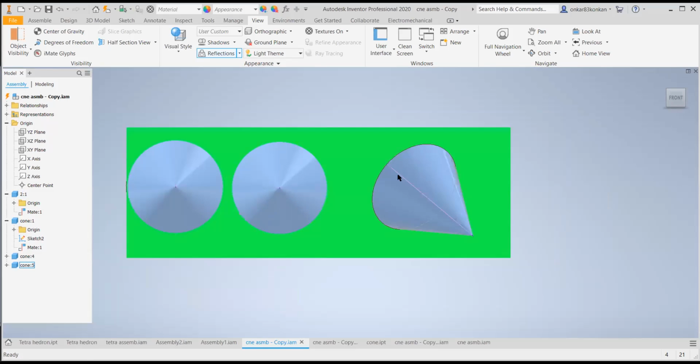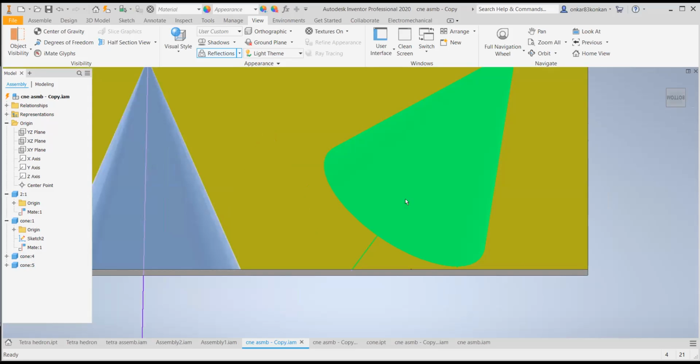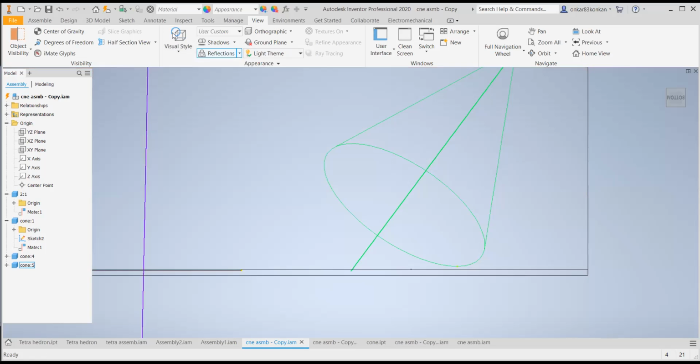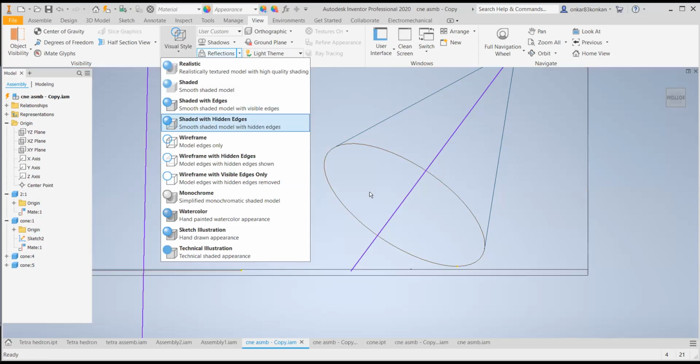Here we have rotated the second stage top view in the clockwise direction so that this apex is nearer to the observer. In this position, if you observe from the front direction, then this base is not visible in the front view. Therefore, some portion will be hidden. So this is the hidden portion.